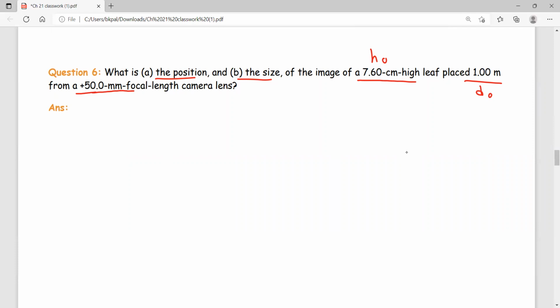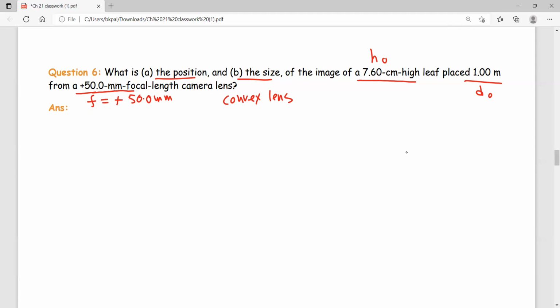Here it is already explicitly mentioned that this is plus, so F equals plus 50 millimeters. That means this is a converging or convex lens. For a convex lens, the focal length is positive, which is opposite of the mirror. For a concave mirror, the focal length is positive. Remember that.